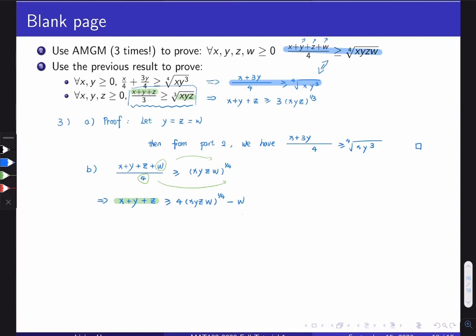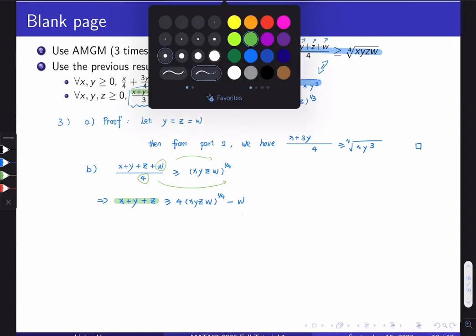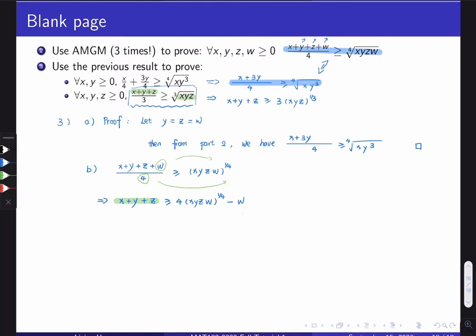Okay, so our biggest problem here is to convert this form to this form. Right now my biggest concern is that here we have 1 over 4, while up there we have 1 over 3, and we have xyz here, while down there we have xyzw. So I'm trying to fix that first, okay?